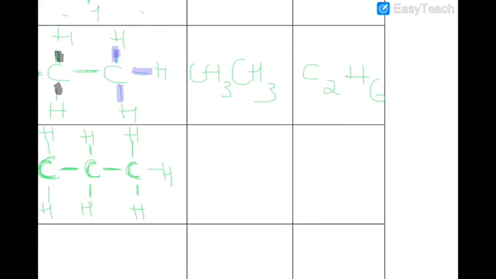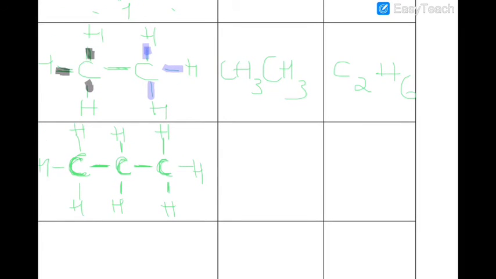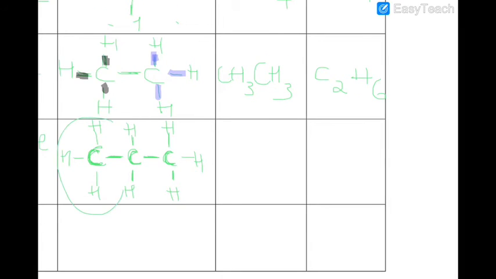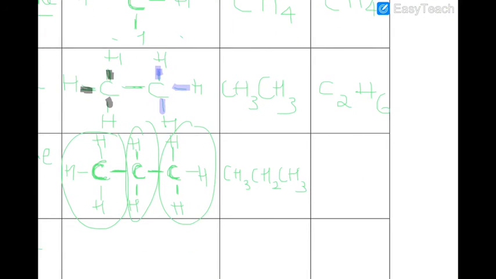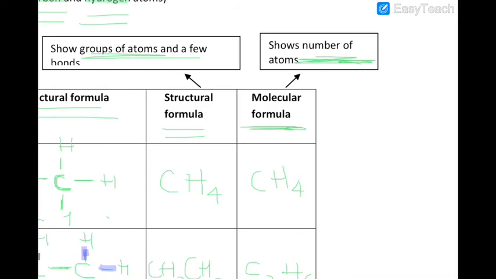Okay, so we'll show the groups of atoms. We'll group this: CH3, CH2, CH3. That's how we'll show the structural formula. And then the molecular formula, which shows the number of atoms.